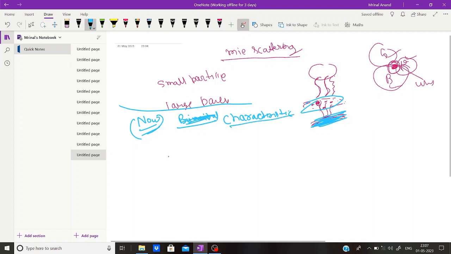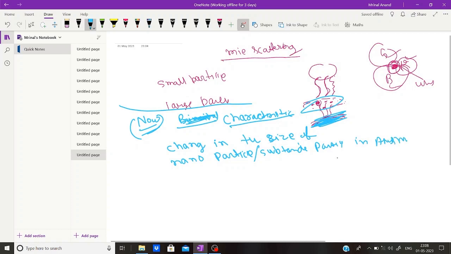Some characteristics we can make, like change in the size of nanoparticles, or we can say the aerosols or suspended particles in the atmosphere, the optical characteristics of the incident radiation or the matter changes. Optical characteristics will be changed.